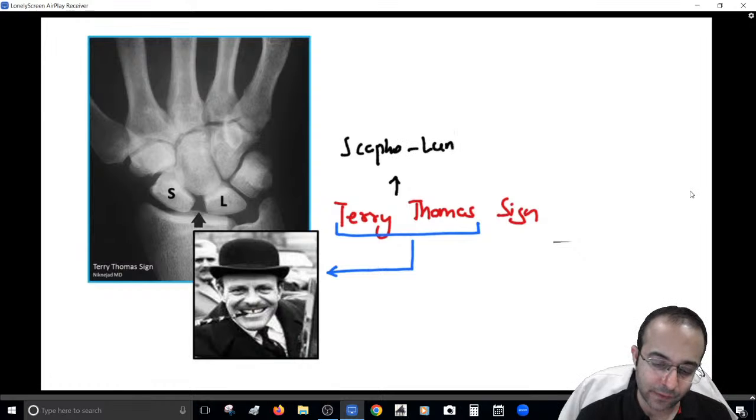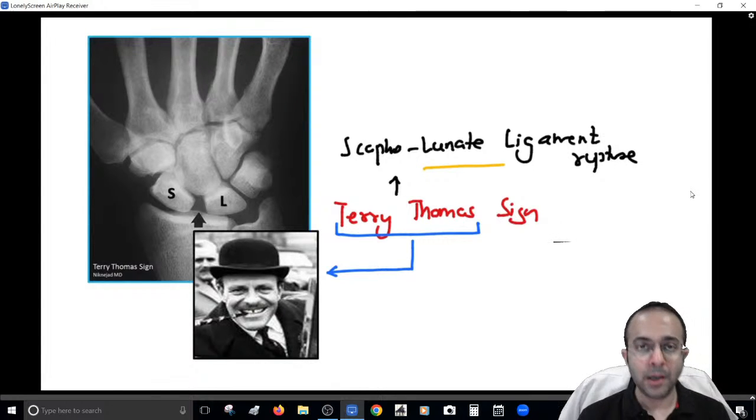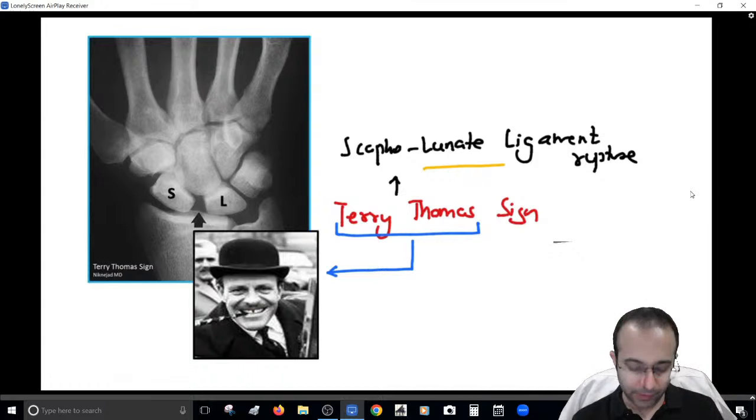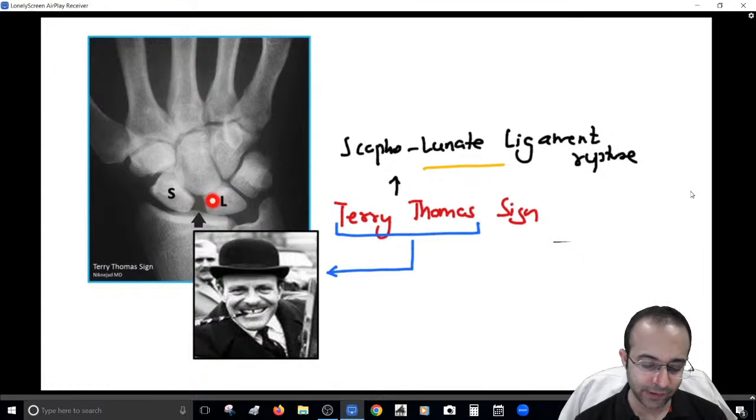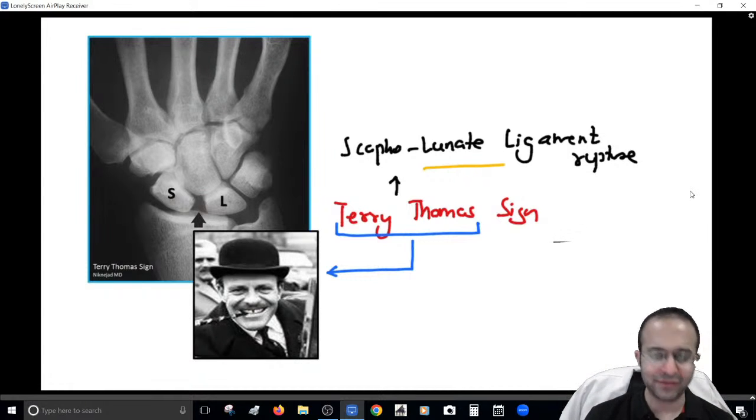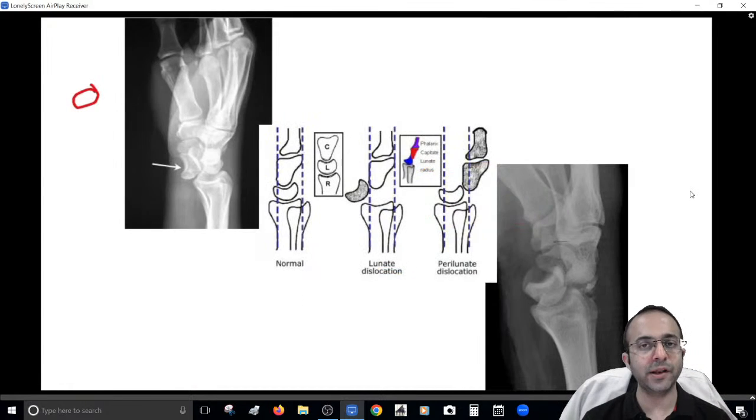It is a sign of scapholunate ligament rupture. When the scapholunate ligament is broken, you see this gap between the scaphoid and lunate because that ligament is ruptured. This is where you see the Terry Thomas sign. It's nothing to do with a lunate dislocation. So that is the incorrect statement.